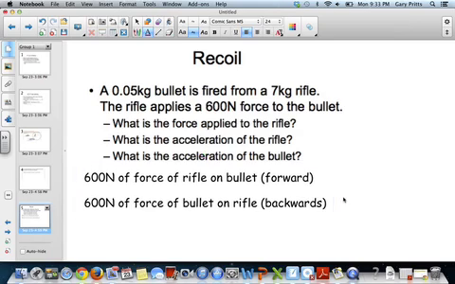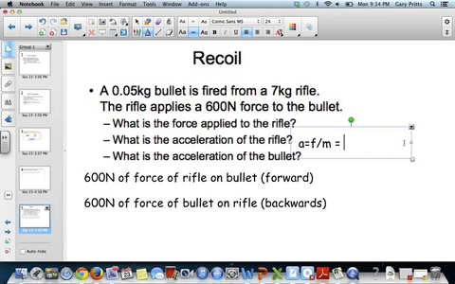Now, even though these forces are equal, you don't notice the same effect, okay? The rifle doesn't go flying the same way that the bullet does, and that's because you can apply Newton's second law to this. If you want to find the acceleration of the rifle to actually see what's going on, then you want to use Newton's second law on that. So you take acceleration equals force divided by mass.